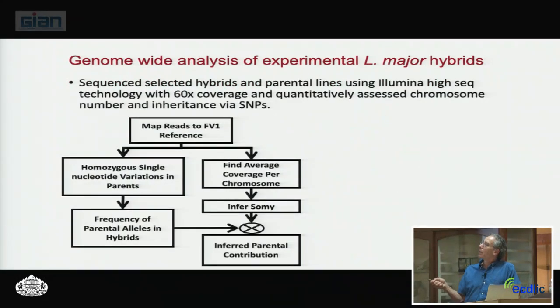Okay, so I'll just describe some of the studies that are yet to be published involving a genome-wide analysis of these experimental hybrids. We've analyzed dozens of these experimental hybrids using Illumina HiSeq technology, approximately 60x coverage, and we quantitatively assess chromosome number and inheritance patterns via SNPs, single nucleotide polymorphisms.